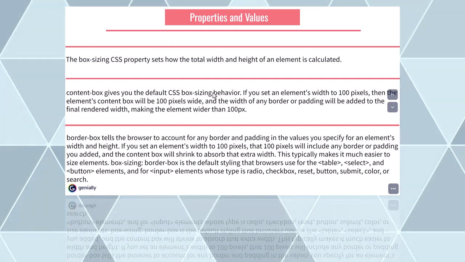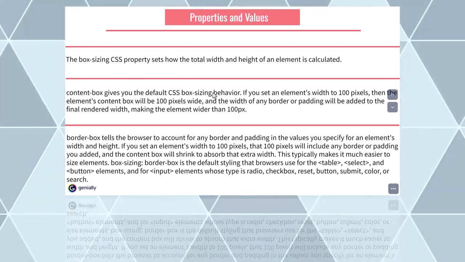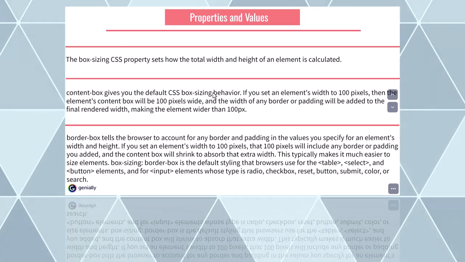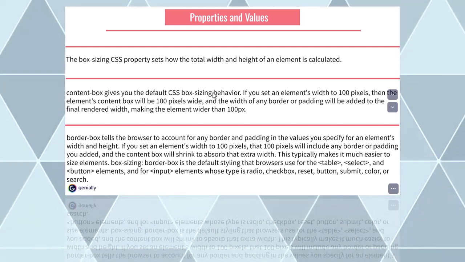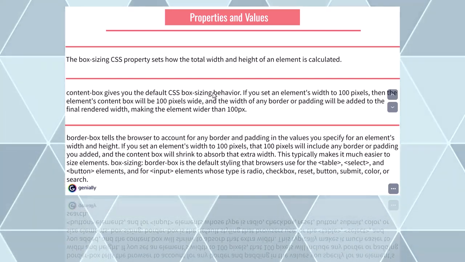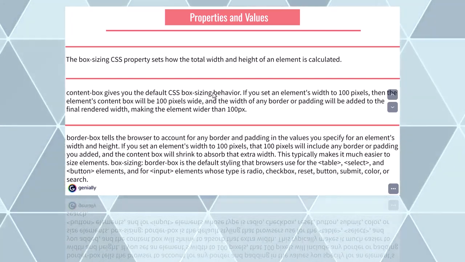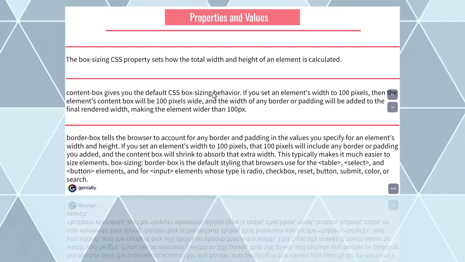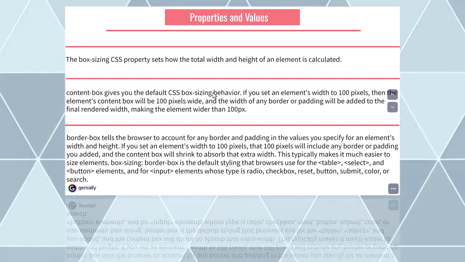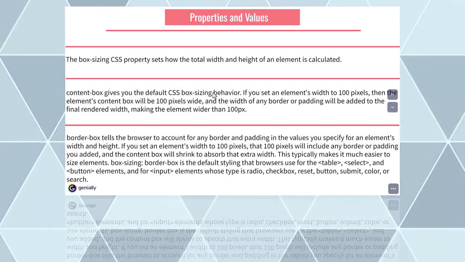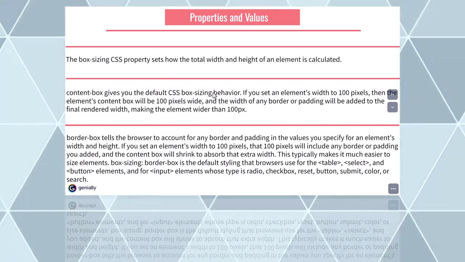Then we have these values of the box sizing property. The first value is content box. Content box gives you the default CSS box sizing behavior. If you set an element width to 100 pixels, then the element's content box will be 100 pixels wide. And the width of any border or padding will be added to the final rendered width, making the element wider than 100 pixels.